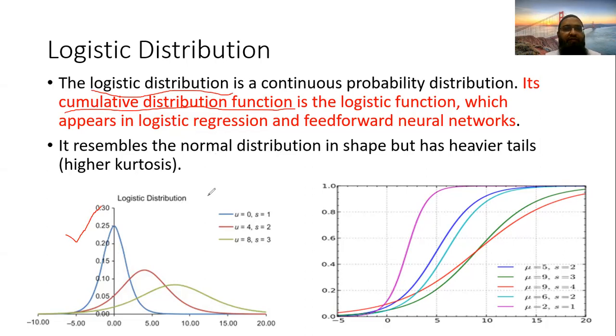Typically when you have the normal case, it could be something like this. So these tails are not heavy. But in the case of the logistic distribution, you can have something like this. So the tails are a bit heavy. Okay, so that's the way it is. Just based on this distinction, it becomes another distribution. That's the main thing that you need to keep in mind.